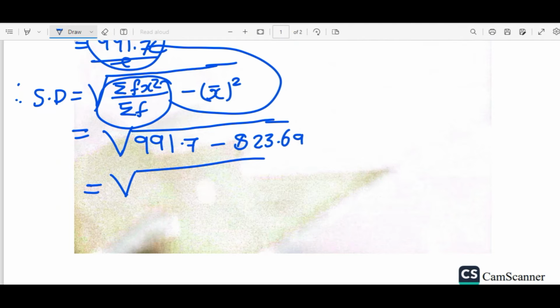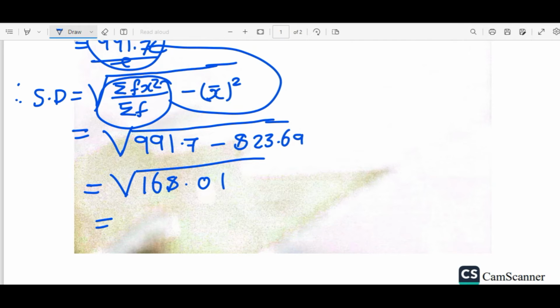So what's our difference? The difference between 991.7 and 823.69 is 168.01.